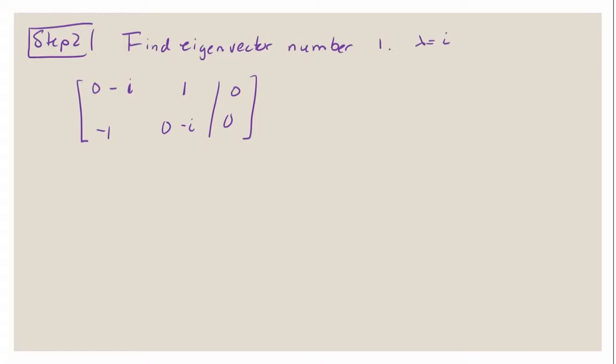So I'm going to give you the process for lambda equals i, the first eigenvalue, and I'm not going to do it for lambda equals minus i because the process is the same and everyone knows I hate doing these computations. So I'm going to be a minimalist and do only part of them. So you subtract the i down the diagonal, so you get this matrix right here, and you're row reducing this matrix, of course augmented, set equal to 0.